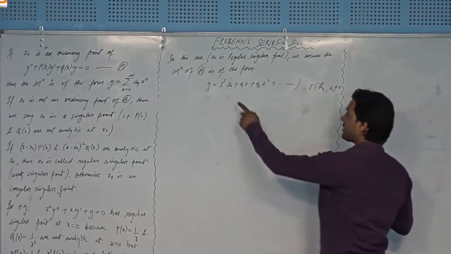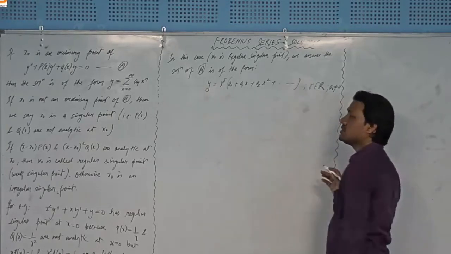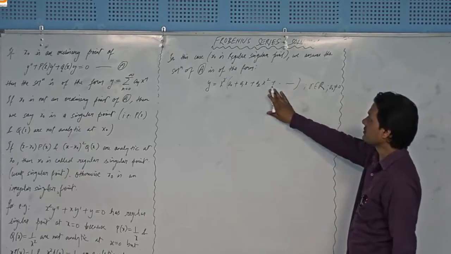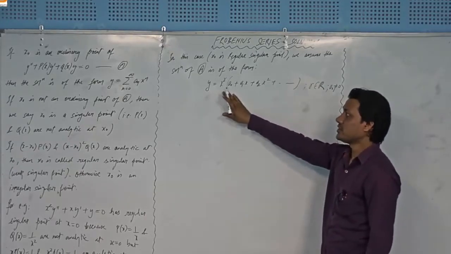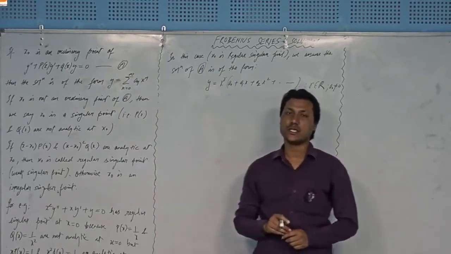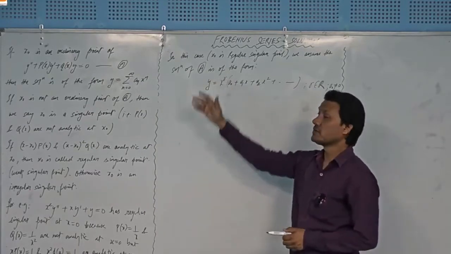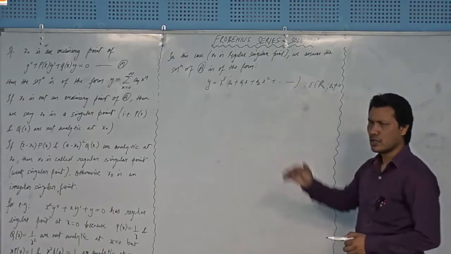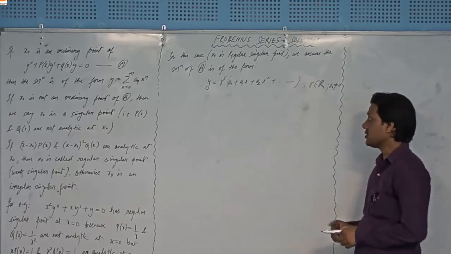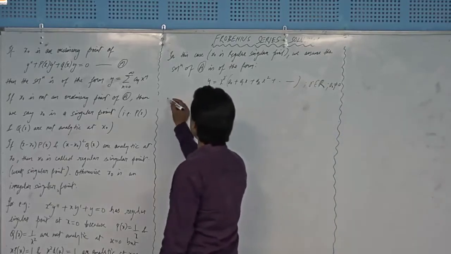So just by multiplying this power series by x to the power r, we get a new series, right? And this y is actually the solution of this differential equation A whenever x naught is a regular singular point, right? So this is a kind of small modification in the power series, and that's why we call it a quasi power series, or it is called a Frobenius series.